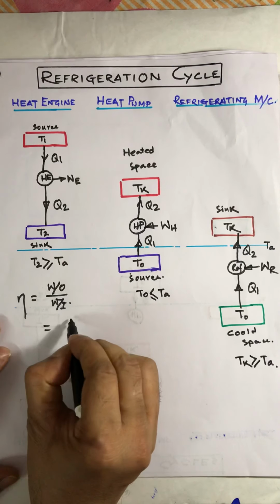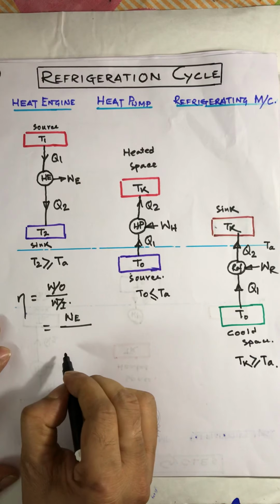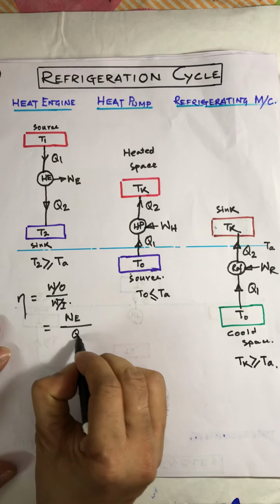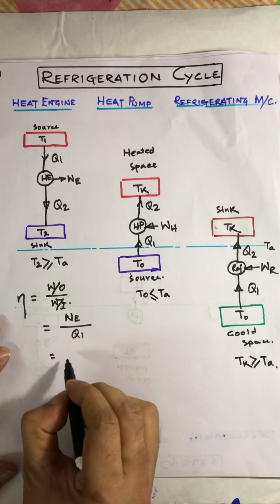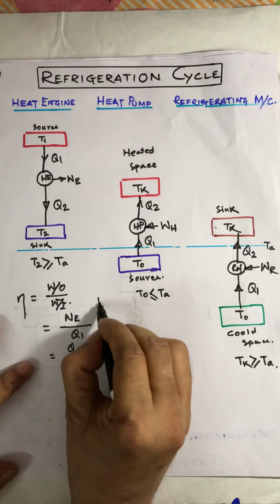What is the work output? That is WE. What is the heat input? That is Q1. We can calculate this as WE equal to Q1 minus Q2, divided by Q1.